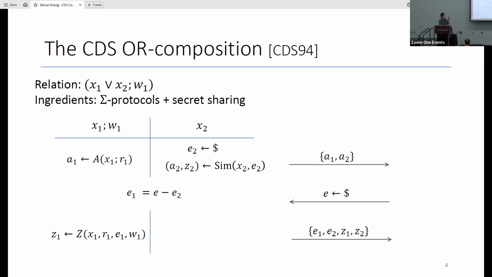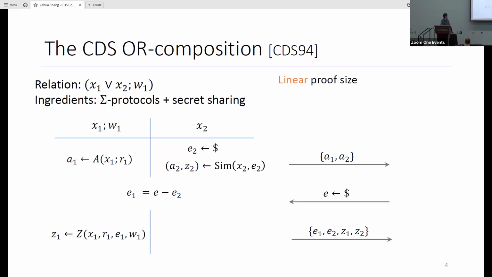And for the statement we don't know the witness for, we use a zero knowledge simulator to simulate a transcript with a randomly sampled challenge. And after computing the challenge for the real part, we complete the remaining protocol.